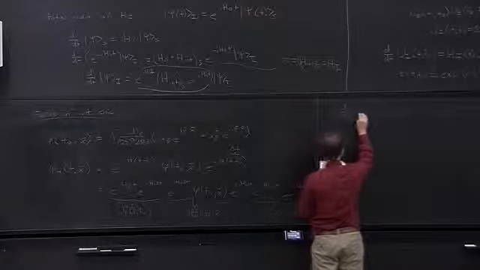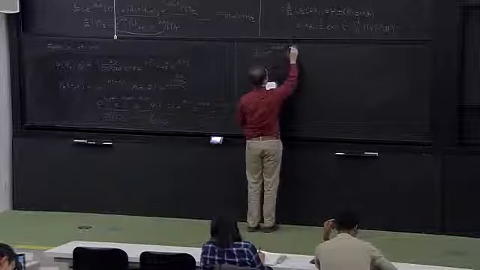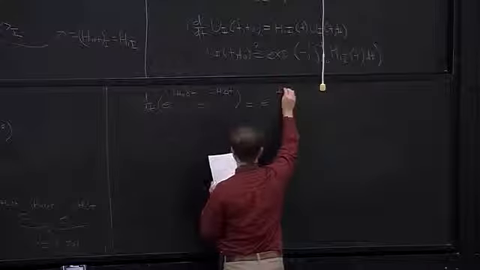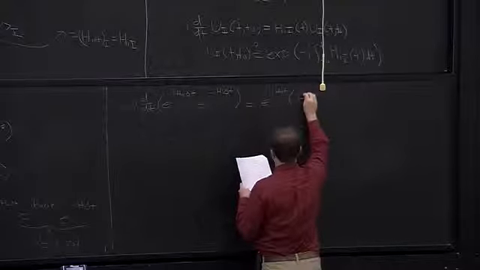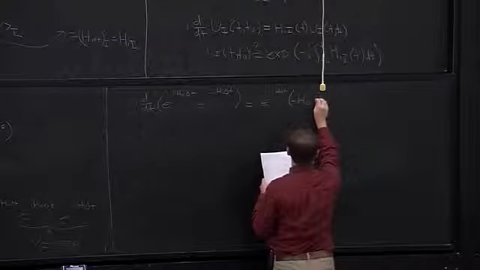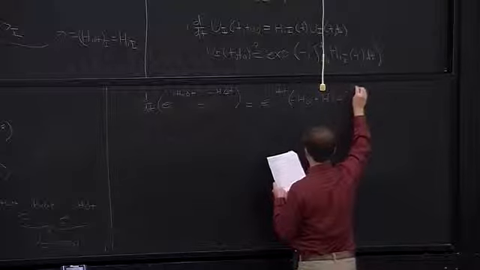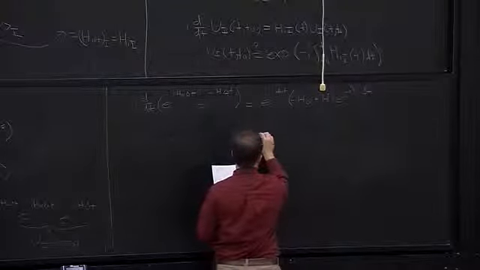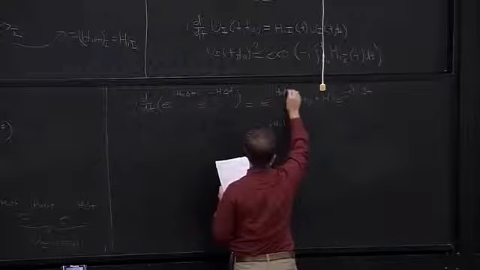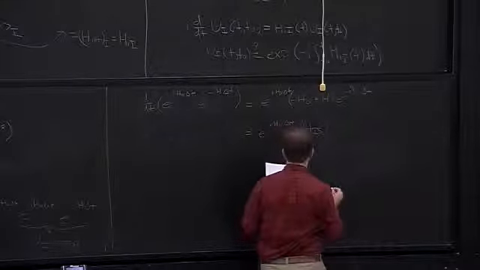So if we compute i d/dt of e to the i H naught delta t, e to the minus i H delta t, what we get is e to the i H naught delta t times minus H naught from the derivative of the first term, and plus H from the derivative of the second term, times e to the minus i H delta t, which is the i H naught delta t, times the Schrodinger picture interaction Hamiltonian.